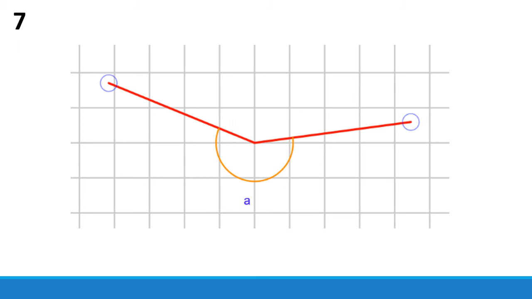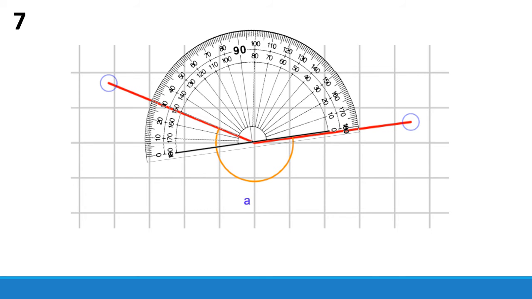We need to do the same for this angle. We're going to measure the one we don't actually need and take it away from 360 to find what it is. So this angle we are reading round.